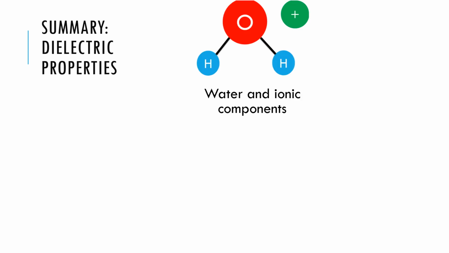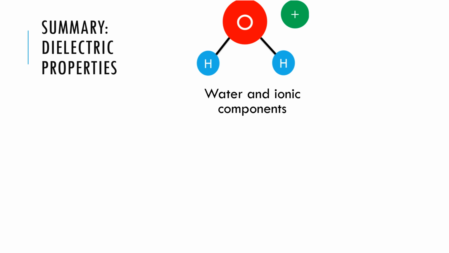Summarizing this really long video on dielectric properties, let's make a few points quickly. So the primary interaction of microwaves are with the water molecule and the ionic components. They are by no means the only components that interact with microwave.